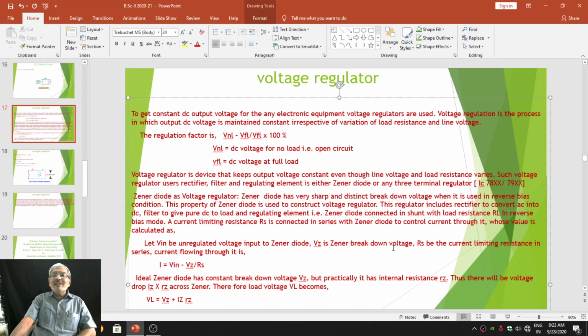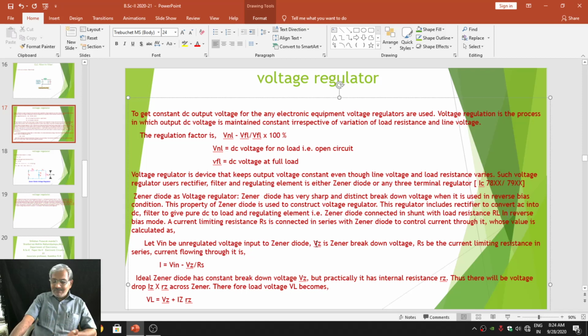Vz is the Zener breakdown voltage. Obviously, the Zener breakdown voltage is provided by the company for which it is designed. In the market, Zener diodes with various breakdown voltages are available, and that decides the magnitude of the output voltage we design.